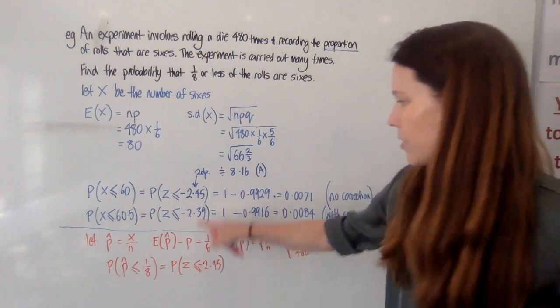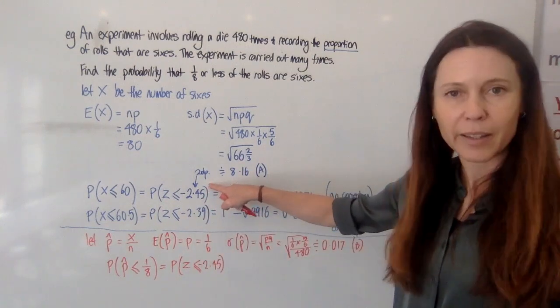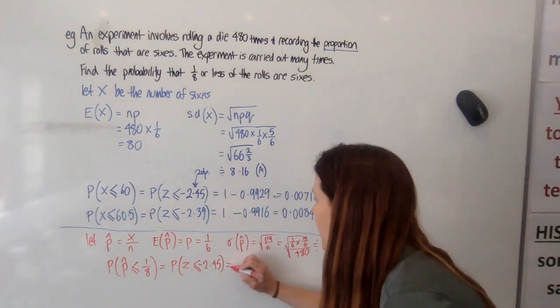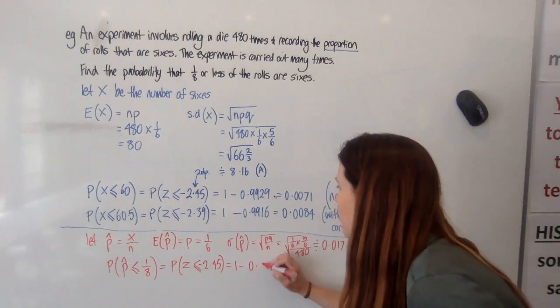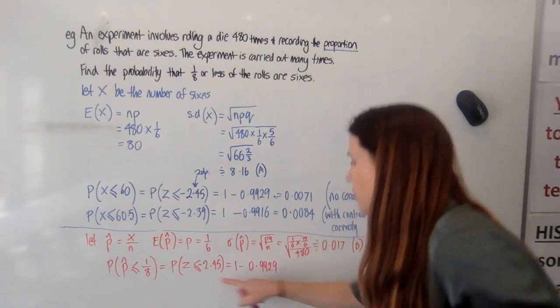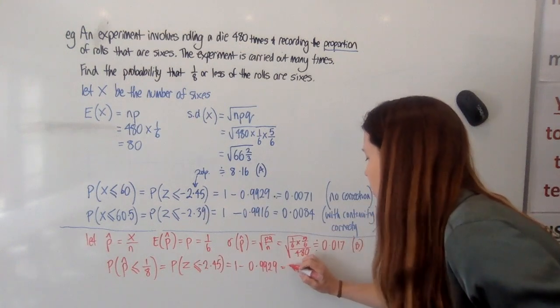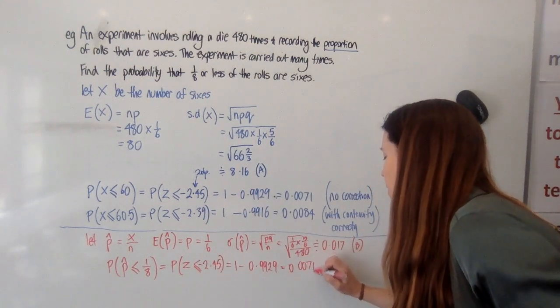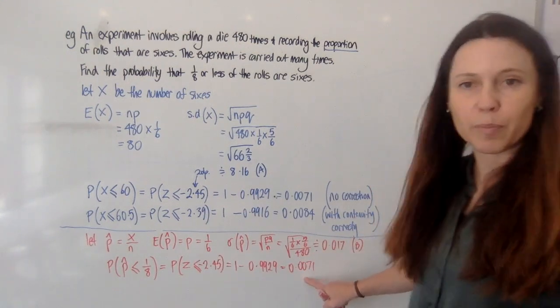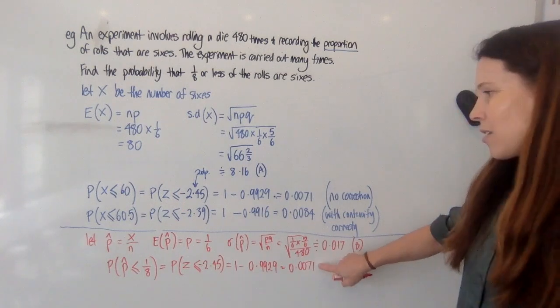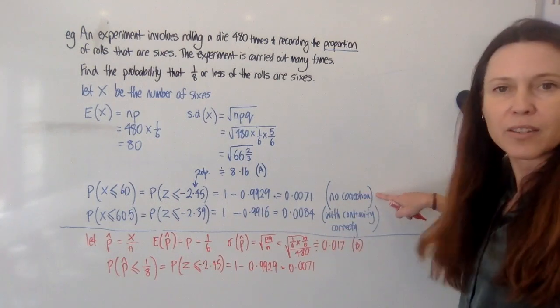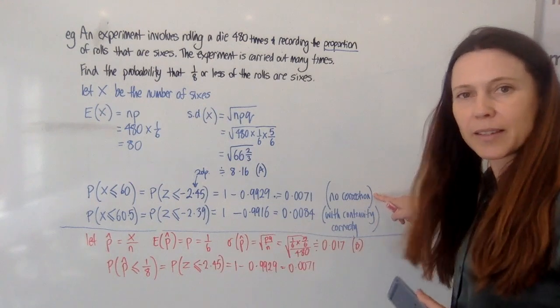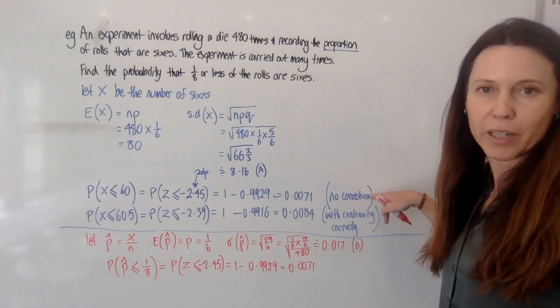Now, what you'll notice is it's exactly the same as the calculation that we got here. So we're going to get 1 minus 0.9929, because looking this up, I'm going to get the exact same result. And using this method that we're learning today with proportions actually gives us the same result as using the method from the last exercise without any continuity correction.